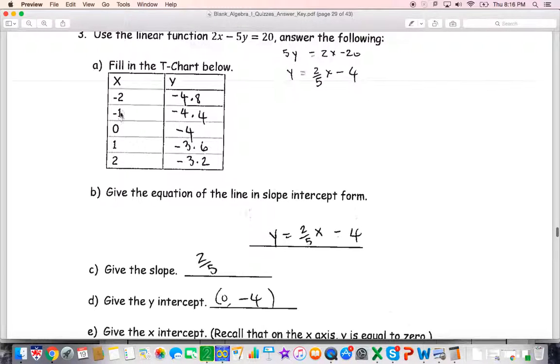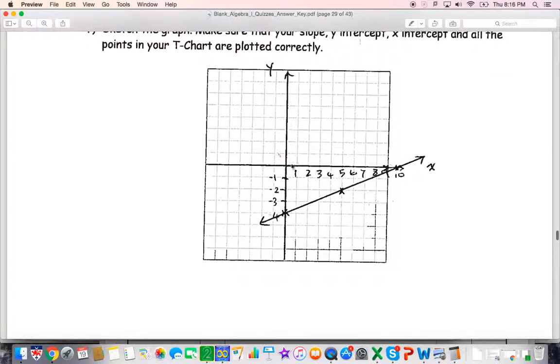For example, I'll just pick a random one. (1, -3.6). If we plot that point, as you can see, it is in fact a point on the line. So the purpose of this question was to show you that there are several ways to get to the same answer.